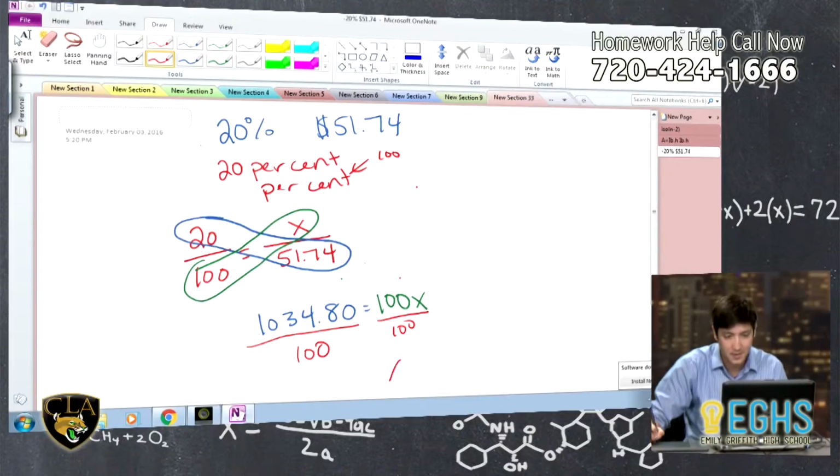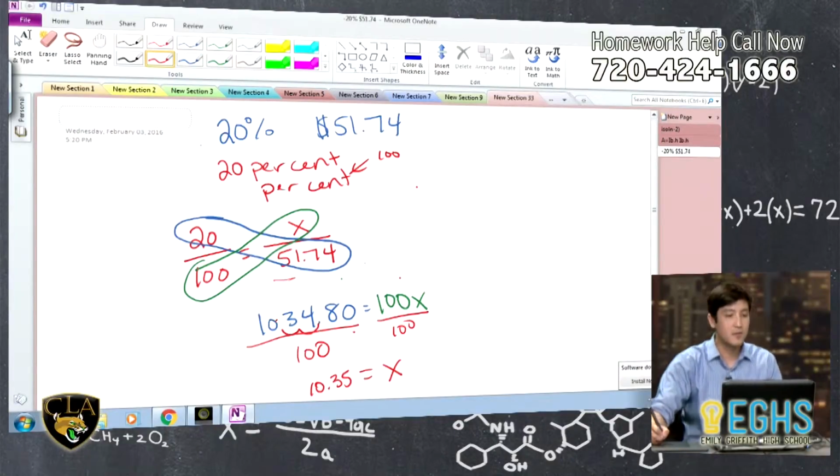This becomes easier because when you divide by 100, you just move the decimal over to the left 2 places, and you get $10.35. The question asked us to round to the nearest dollar, so rounded to the nearest dollar, we get $10.